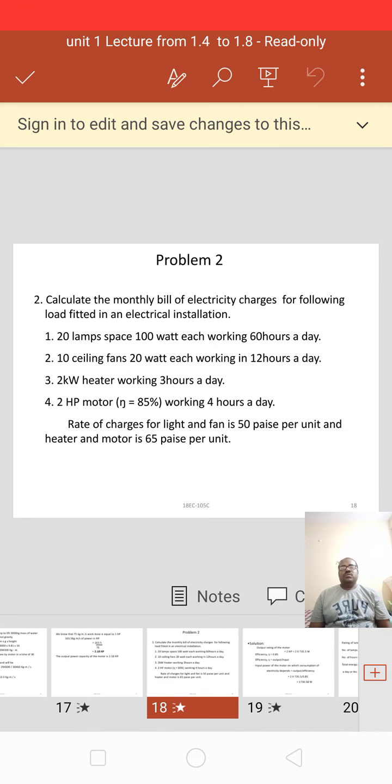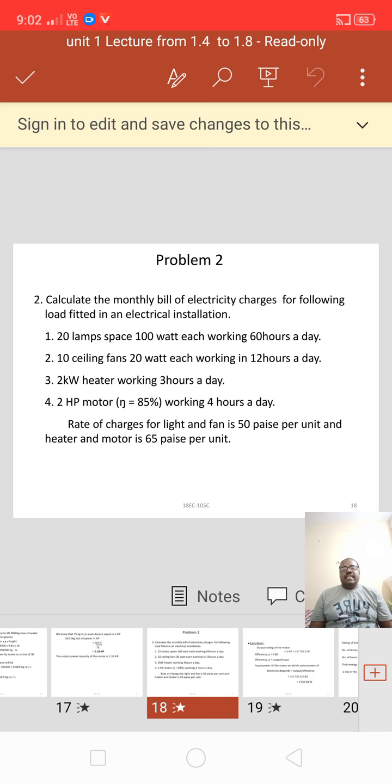Problem 2. Calculate the monthly bill of electricity charges for the following load fitted in an electric installation. First one, 20 lamps of 100 watts each, working 6 hours a day.